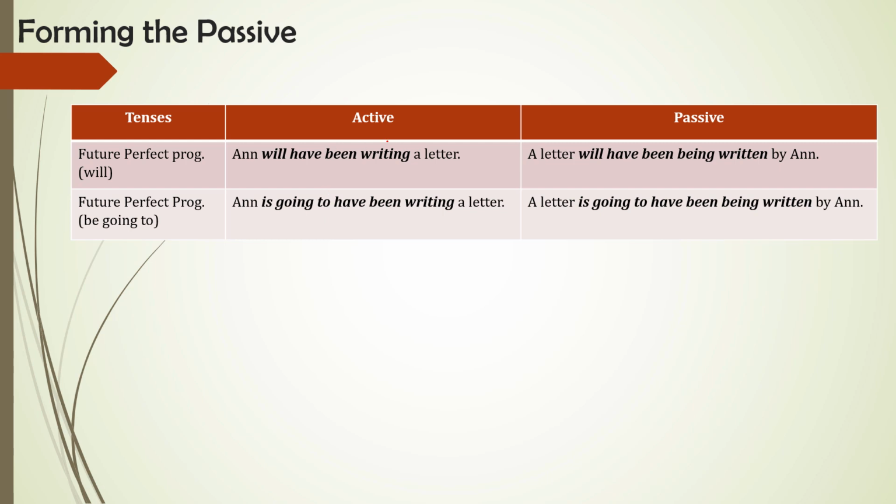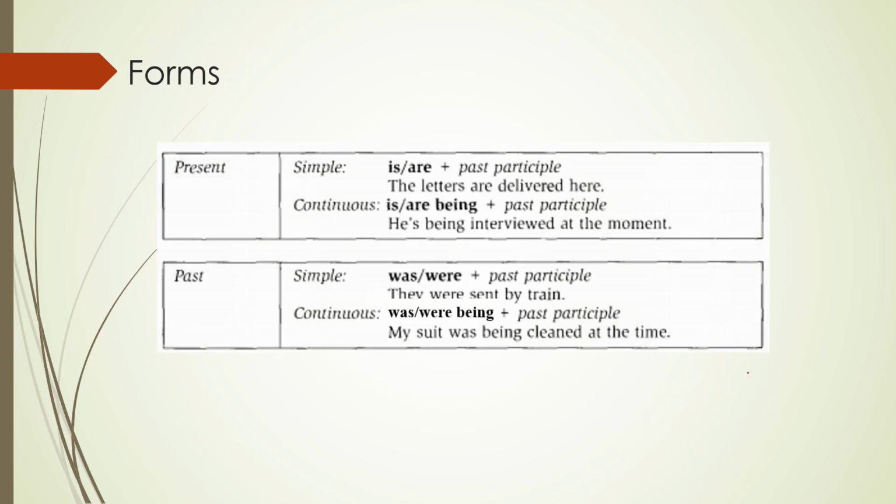And will have been writing a letter becomes a letter will have been being written by N. And is going to have been writing a letter becomes a letter is going to have been being written by N. Don't forget to add being if it is progressive. Okay, we go on to the next material.